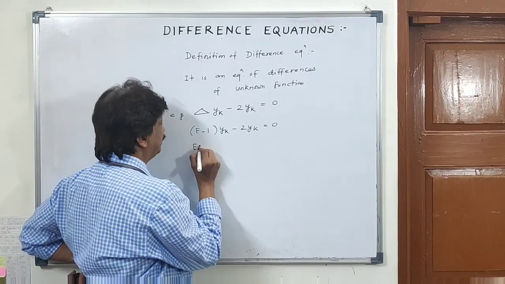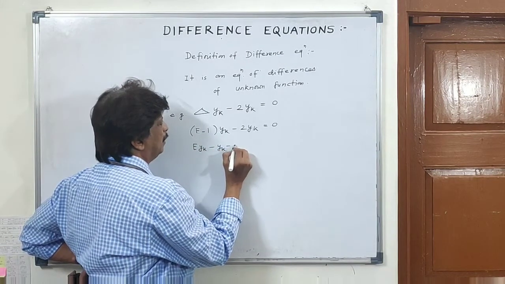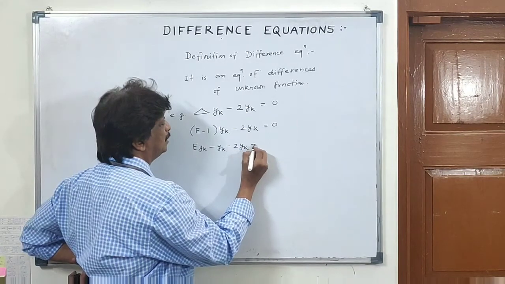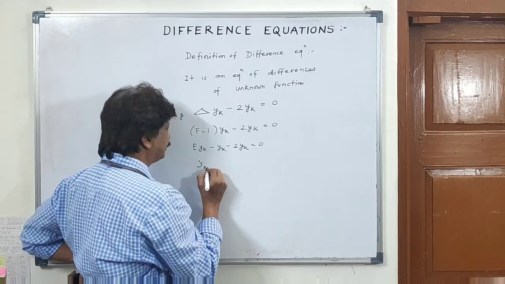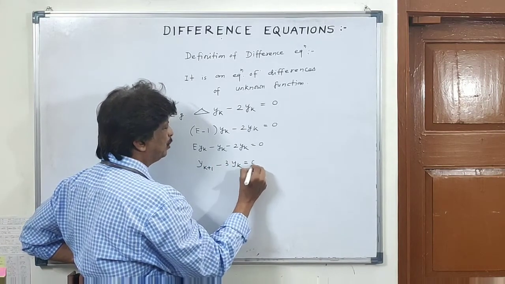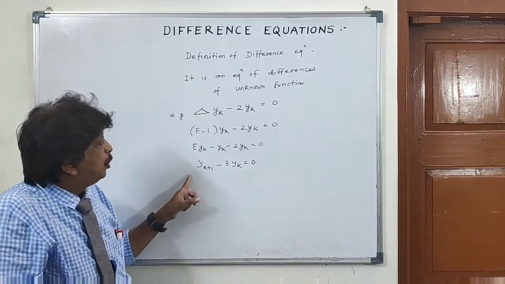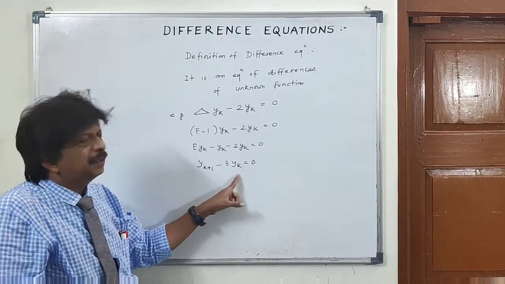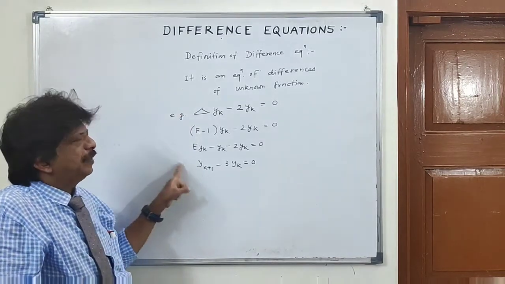So E of yk minus yk minus 2yk is equal to 0. E of yk is yk plus 1, so yk plus 1 minus 3yk equal to 0. So this is an alternative form of this difference equation.